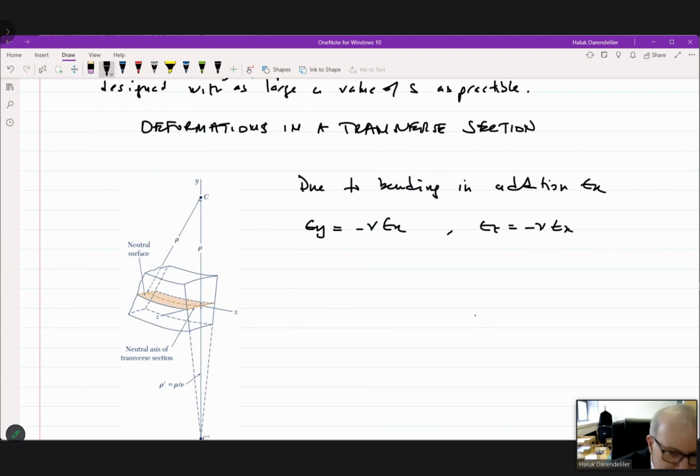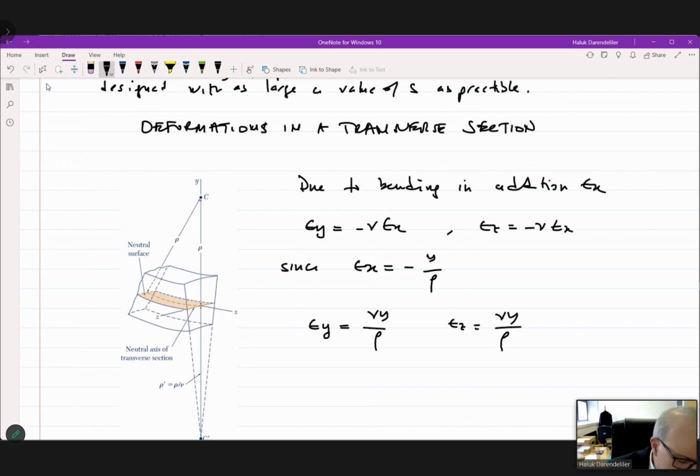And as a result, remember, we said that epsilon x in such a problem is minus y over rho. Remember the derivation that I have done. Since this is the strain due to bending, we know that the strain in y direction is nu y over rho, and the strain in z direction is also nu y over rho.